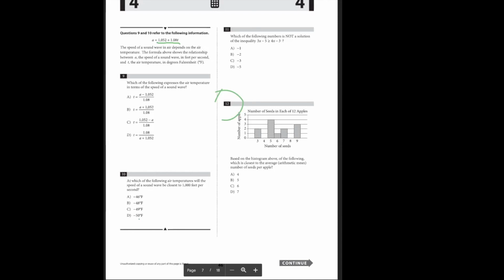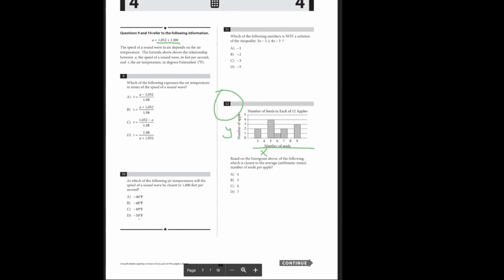So let's see. It's asking for the average number of seeds per apple. So let's look at the graph and interpret it. The y-axis is the number of apples and the x-axis is the number of seeds.